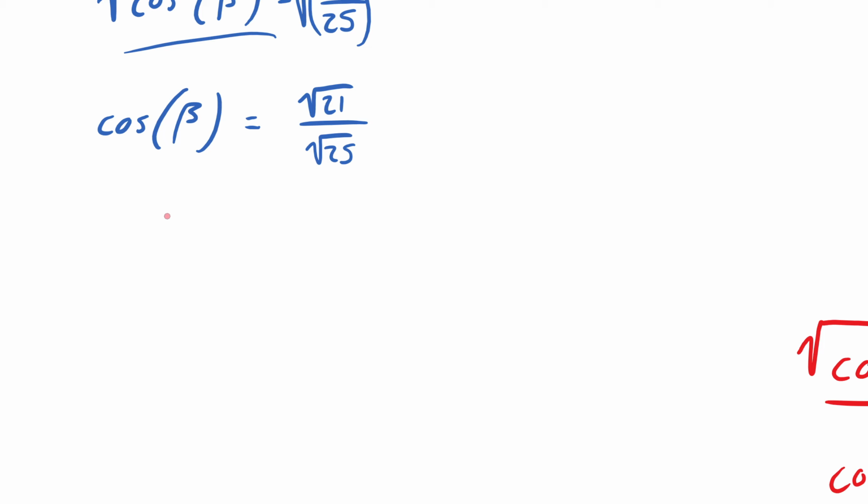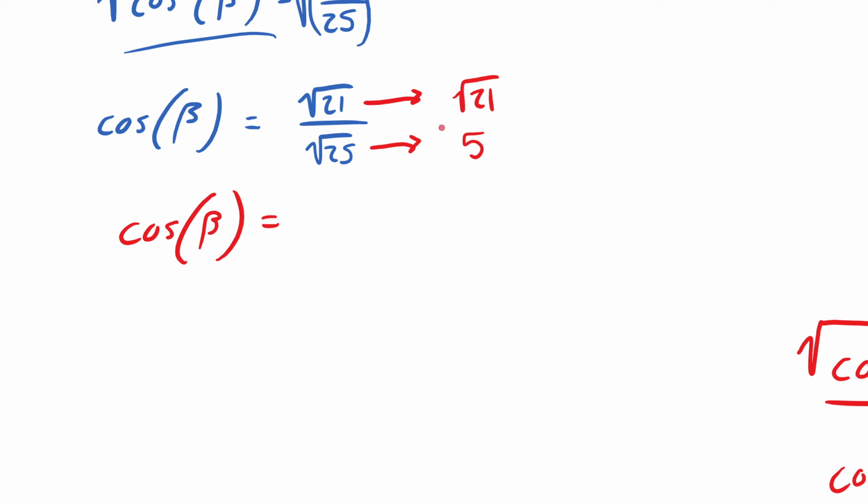I keep switching colors, and it's not consistent, but bear with me here. Cosine of beta equals, well, this is pretty easy because you can't really simplify it at all. But this one is easy because we can, and root 25 is 5. So cosine of beta equals plus or minus root 21 over 5.